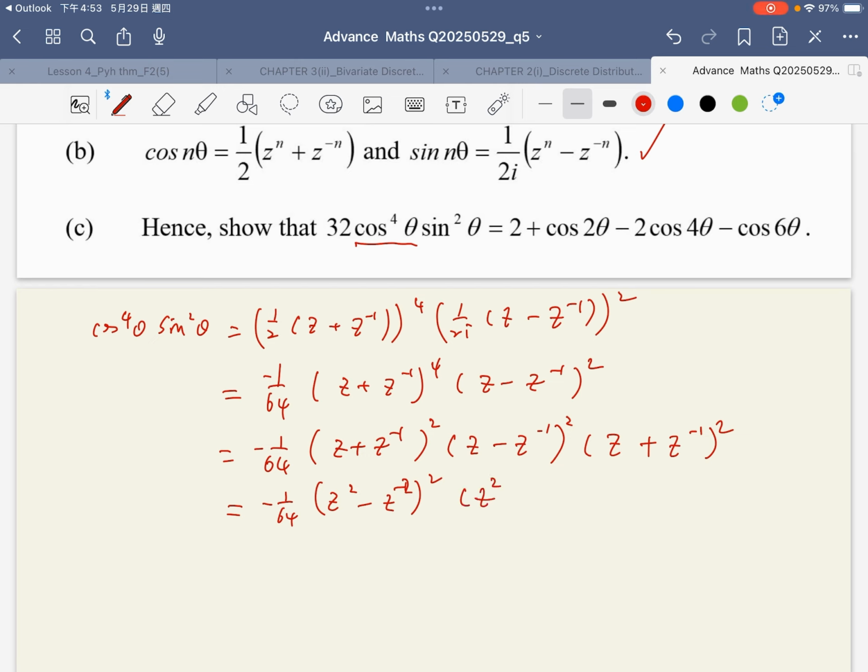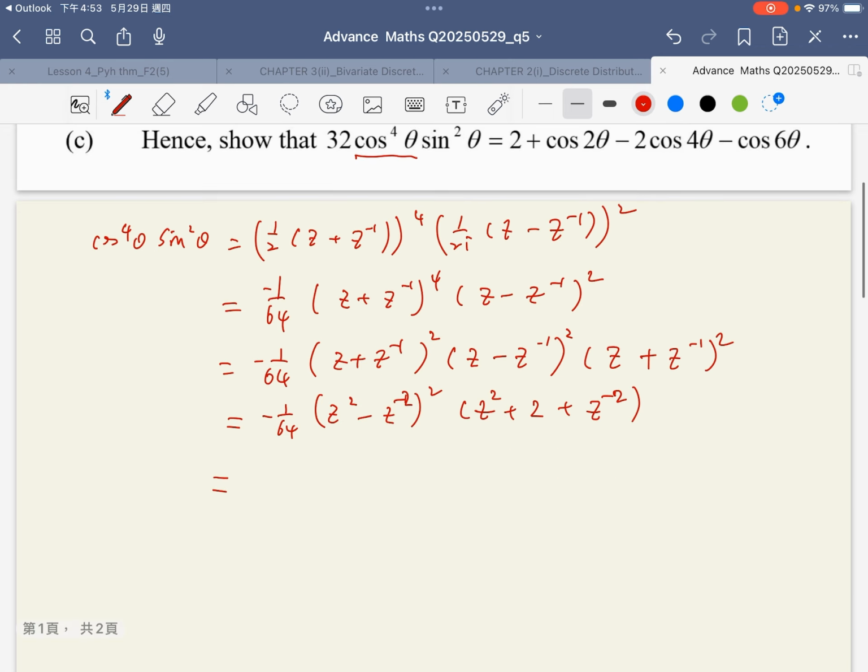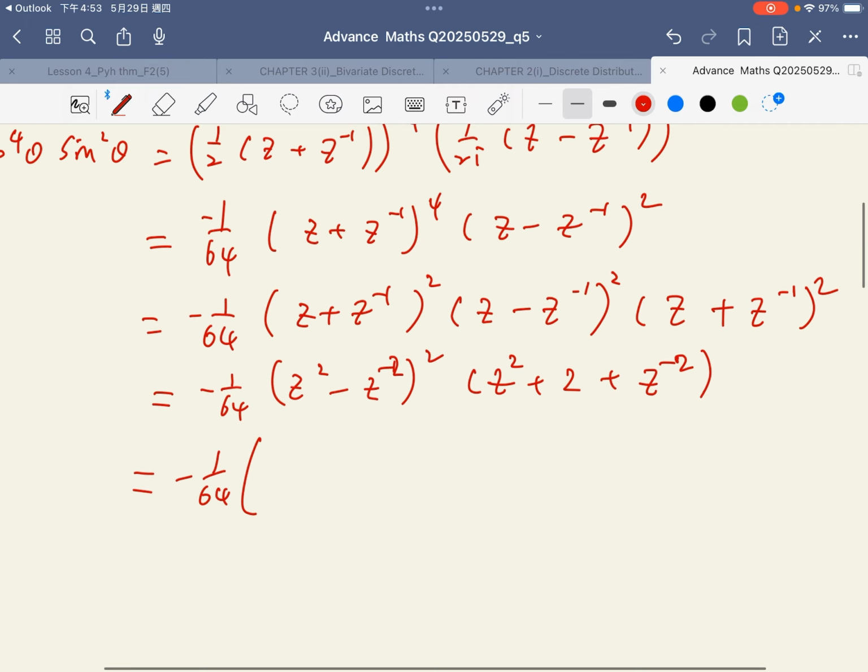And I expand this one. Also, I expand this one: z to the power 4 minus 2 plus z to the power minus 4.